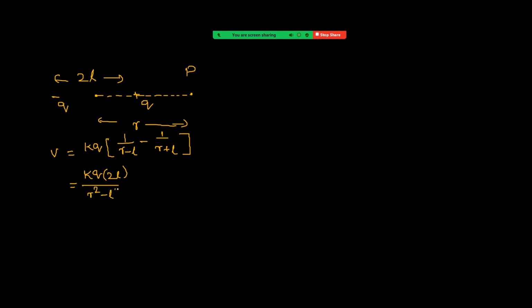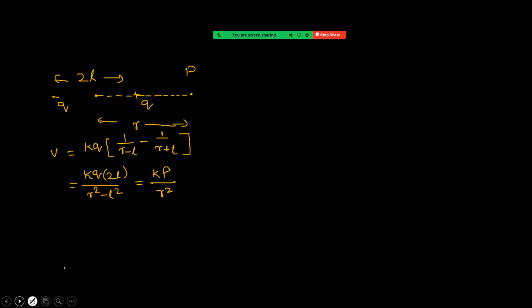In the place of q into 2L, that is taken as dipole moment, remaining is kp. We know that separation between the two charges is very small, that means when L is very small compared to r, this can be taken approximately as kp by r square. That is the potential on axial line.